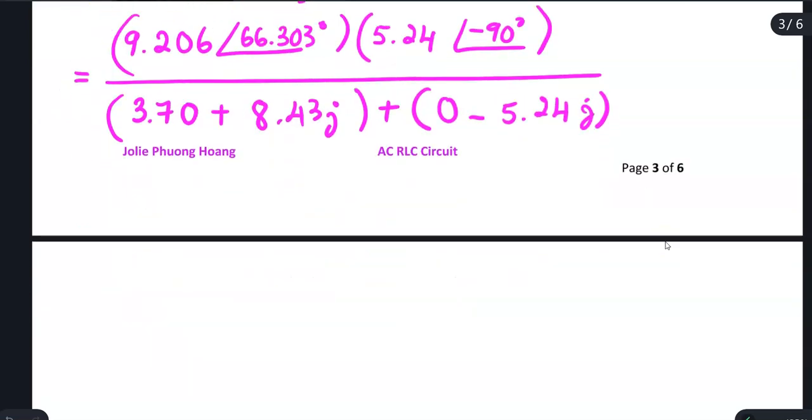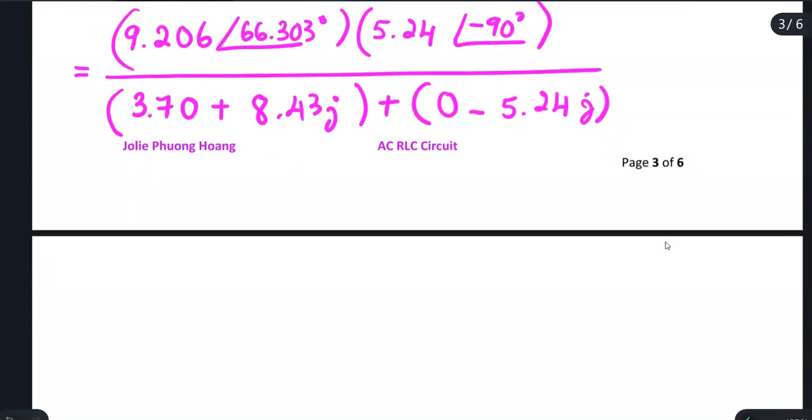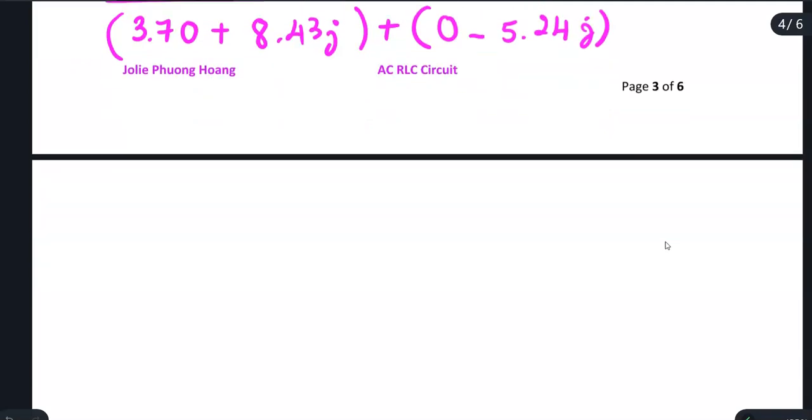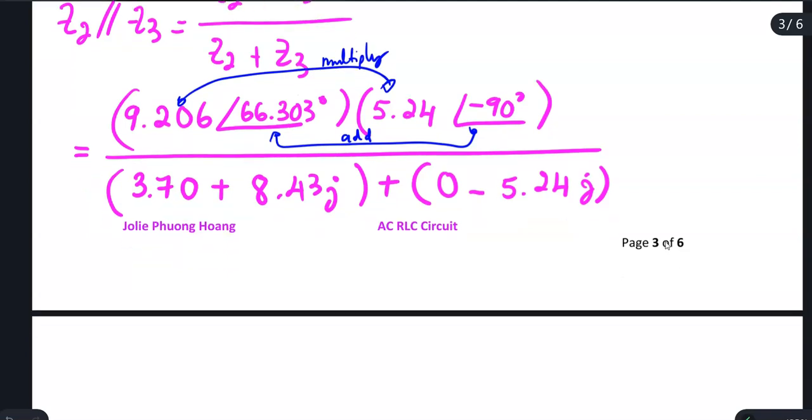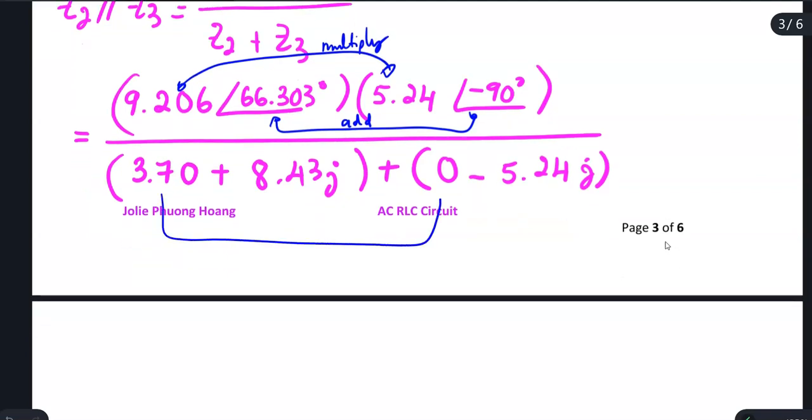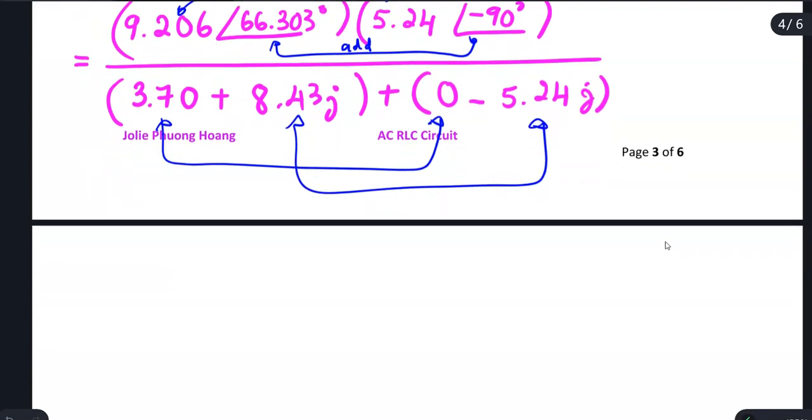Okay, now for my next line, I will write that I have this number multiplied with this number, and I have these two as addition. Okay, so I add here, and here I multiply. And for this I collect the like terms, I collect that with that, and I collect that with that as like terms, just straight algebra.